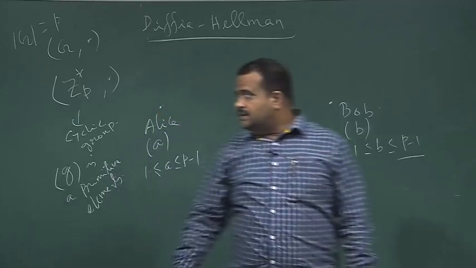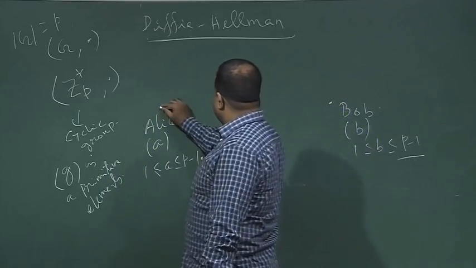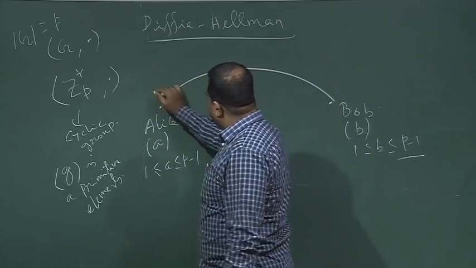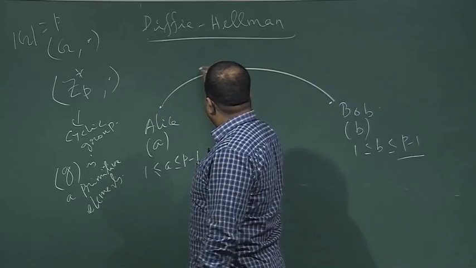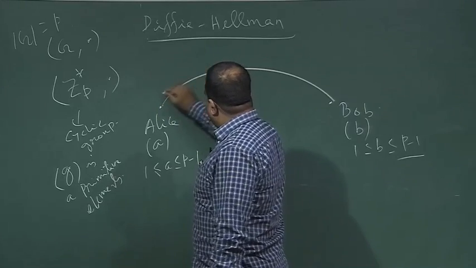Now, what are they sending? Alice computes G to the power A and sends it to Bob.